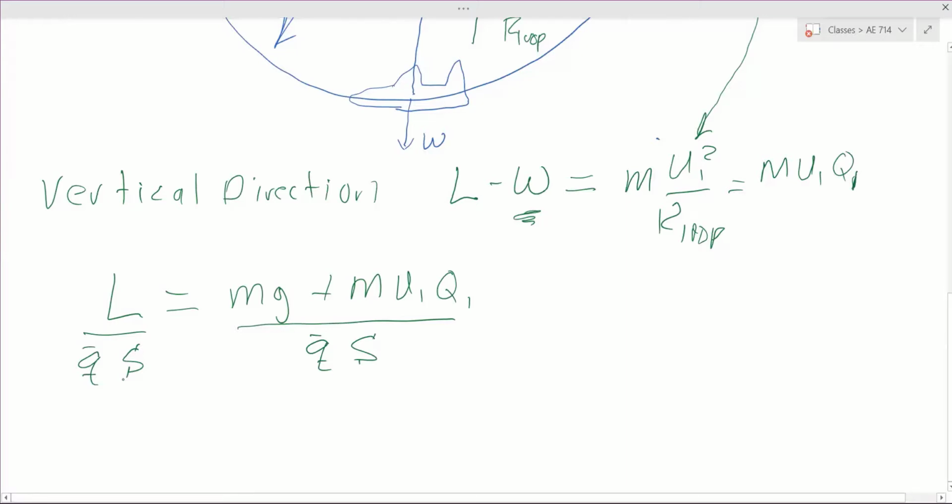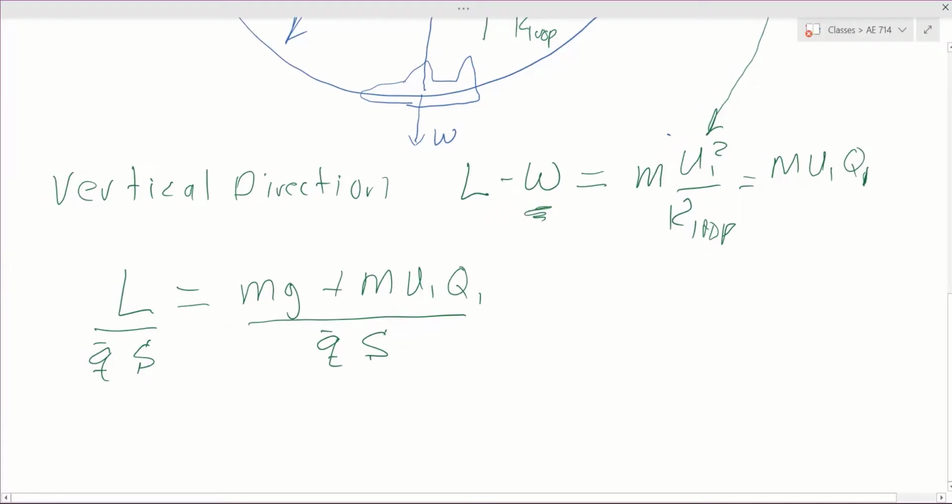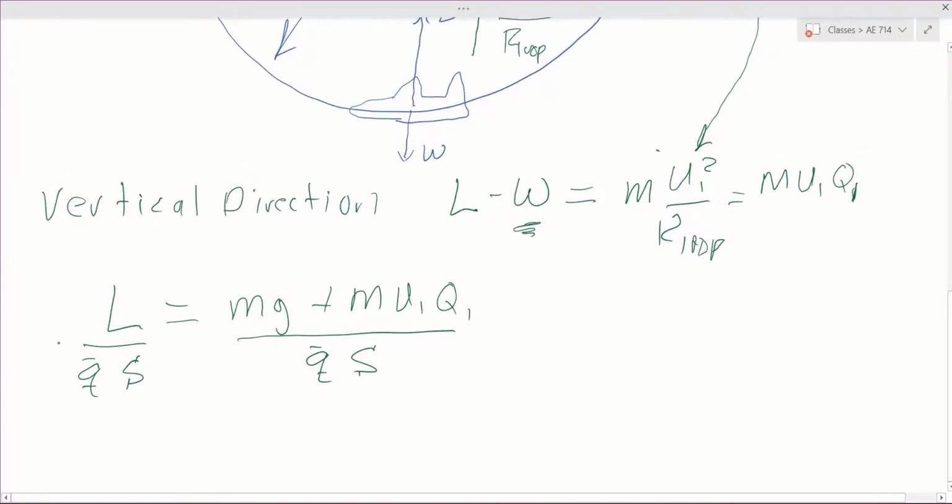And so in the turn, let's see if I have any extra room over here. This is just going to be load factor times CL1. Why? Because load factor is lift divided by weight.